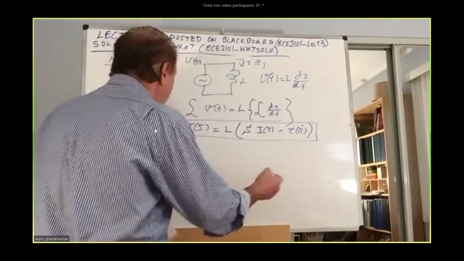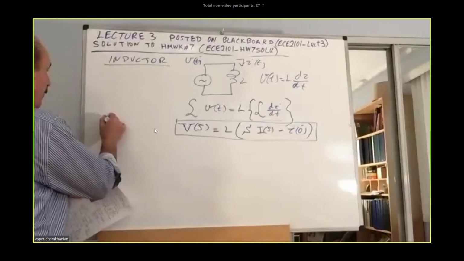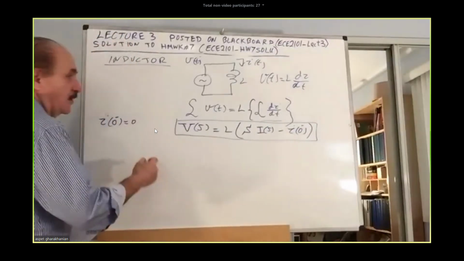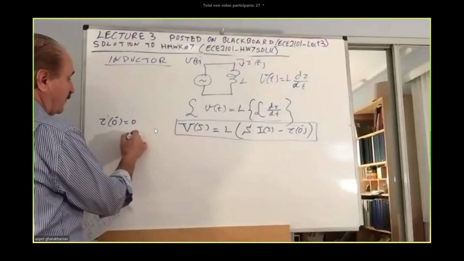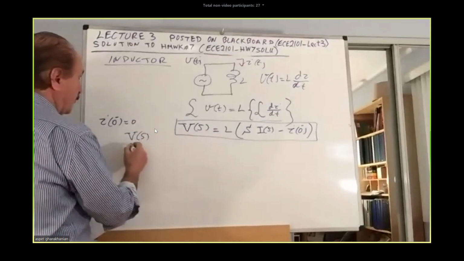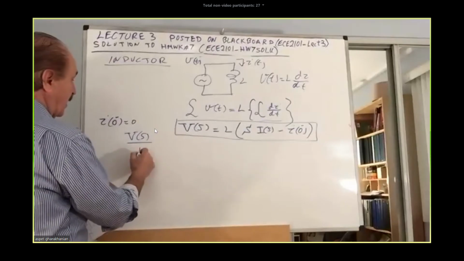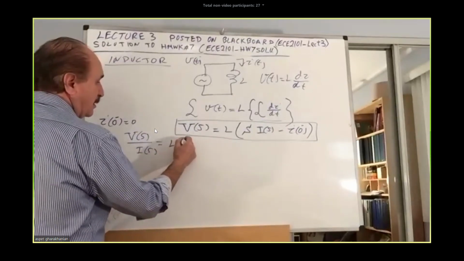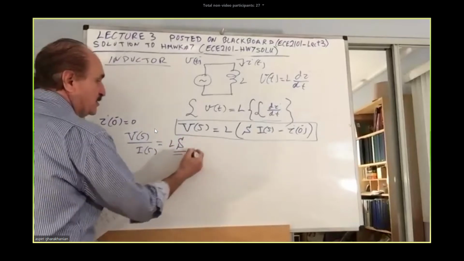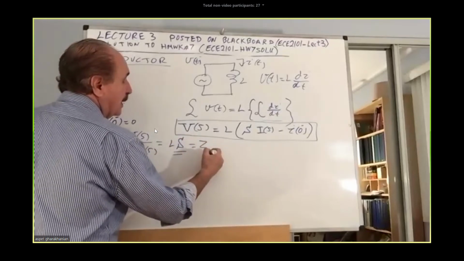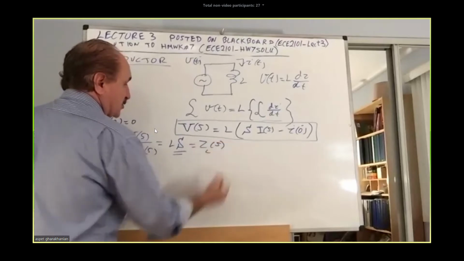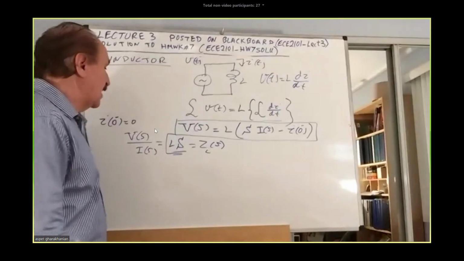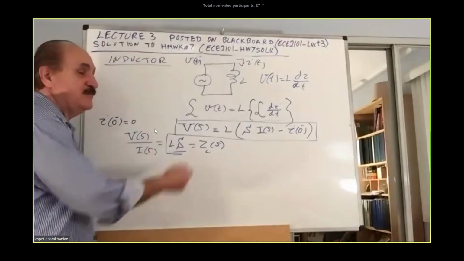If i(0-) was 0, no energy initially, then automatically you would get V(s) over I(s) equal to Ls. This would be Z_L(s), the definition of the impedance of an inductor.